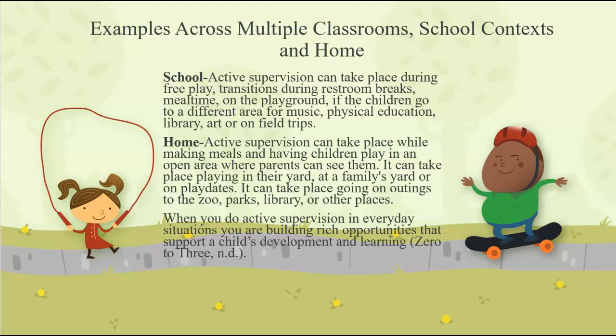It can take place when they're playing in their yard, at a family's yard, or on play dates. It can take place going on outings to the zoo, parks, libraries, or other places. When you do active supervision in everyday situations, you're building rich opportunities that support a child's development and learning.